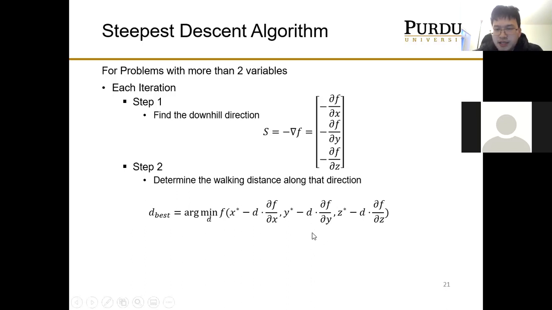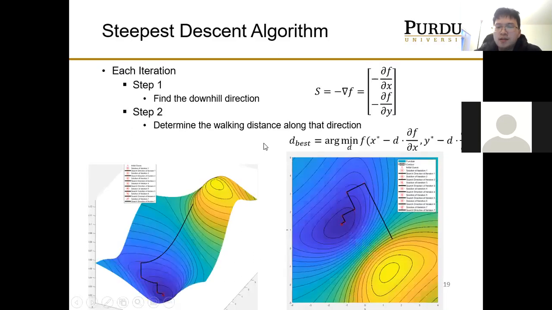So everybody get a sense of how to generalize to 3D, right? Because if you compare, this is the 2D one, right? The first step is we have a gradient, which has two components. And then the second step is trying to minimize a 1D problem, which is along that direction.